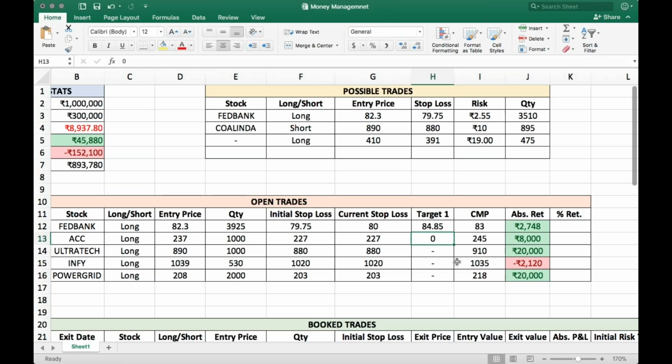I will take my stop loss to break even, or I will book partial, or I will book full, or I will book 80%, but I will take some action. I will not sit idle. Clear? At 84.85, depending on your analysis of the chart, Fed Bank might look like a beautiful candle and you might get a hunch, "Hey boss, this will go to 86." It can zoom up, correct? Then what do you do? You wait, you break even.